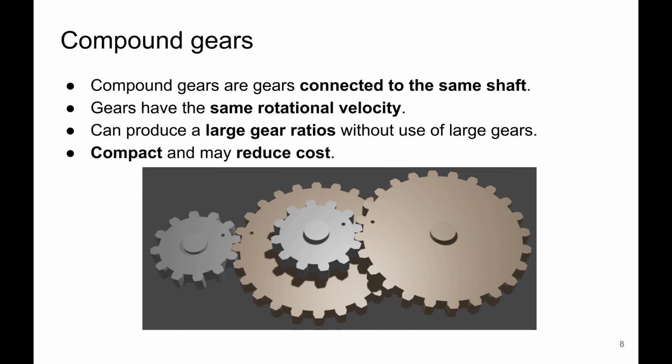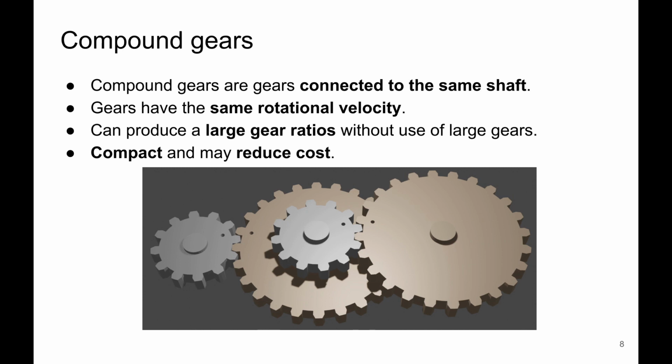Compound gears are gears connected to the same shaft. In the diagram shown, the compound gear is the set of gears in the middle, where we have the small gear sitting on top of the large gear. Both of them are connected to the same shaft, and as a result, those 2 gears have the same rotational velocity.